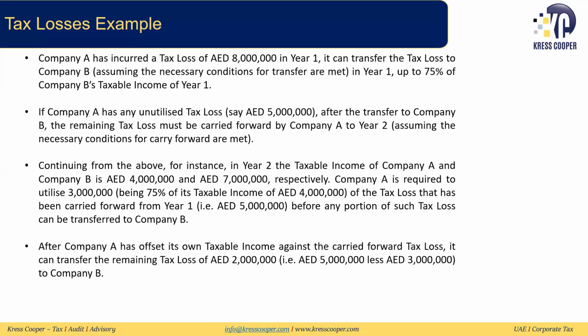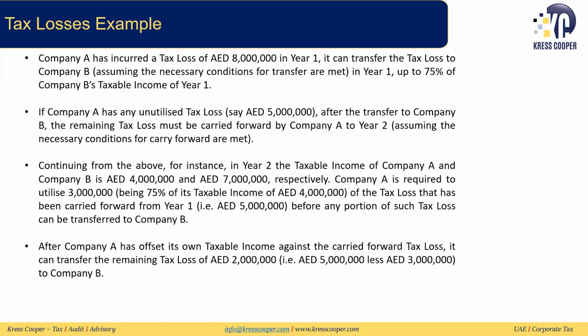Now, continuing from this, in year two, company A and company B both have taxable income, 4 million and 7 million respectively. So company A has 4 million, company B has 7 million. Now company A needs to utilize 75% of its own loss, as much as 75% of its taxable income. So for example, taxable income is 4 million, 75% of it is 300,000.